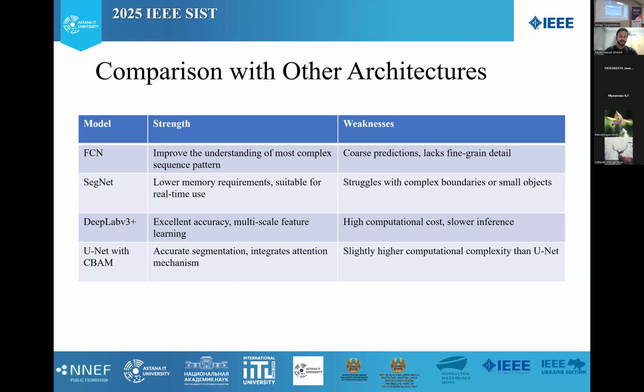And then we have DeepLab v3+. It has excellent accuracy and multi-scale feature learning, and also the weakness, high computational cost and slower inference. And here, UNet with CBAM, what we used, can accurately do the segmentation and integrates an attention mechanism, but we have some drawbacks, slightly higher computational complexity than UNet only.